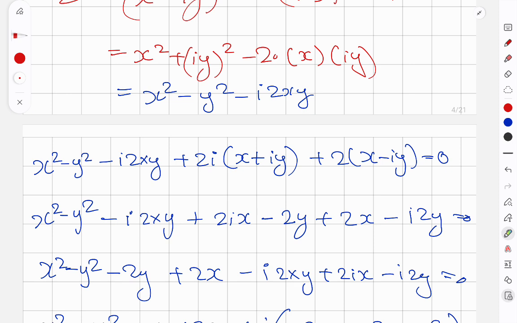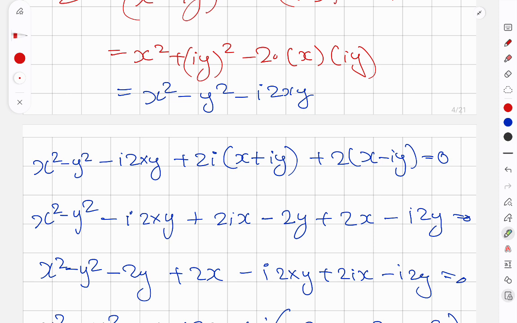I just calculated everything outside and put it in the equation. Then I can say it's x square minus y square minus 2xyi plus this one will be 2ix, and this one will be negative 2y, because of i square, it will be negative, and plus 2x minus 2iy equal to 0.